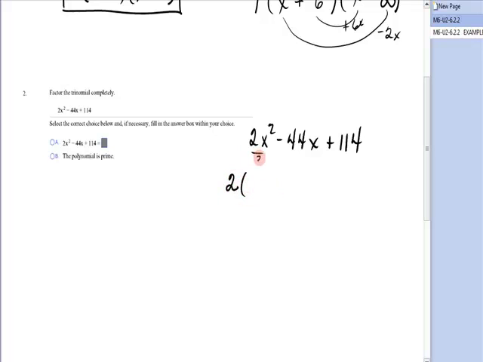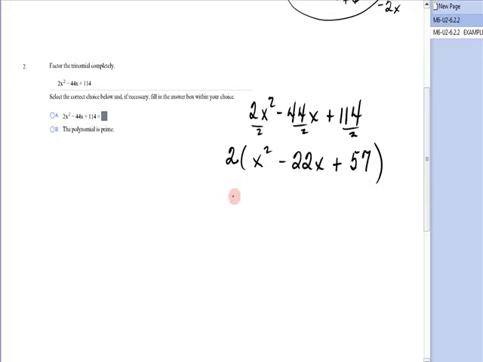When you divide out the 2, you get x squared minus 22x plus 57. All right, that's going to be a little bit easier to work on. I hope, but there's not a promise, that I can factor this trinomial into those two binomials. Don't lose the 2. Now I have to have both of these signs match the middle, so they're both minus, x and x.